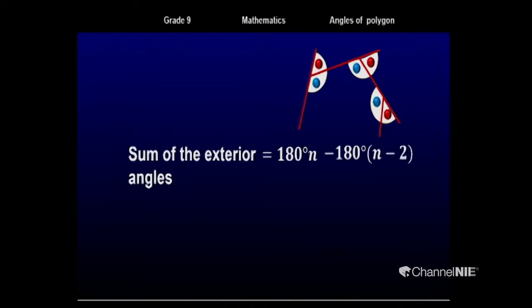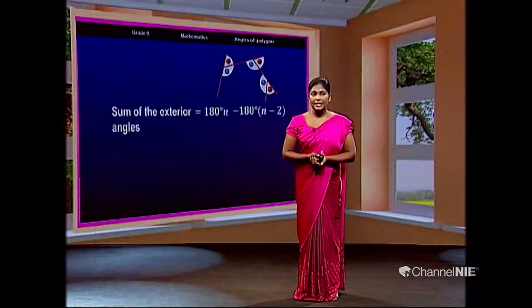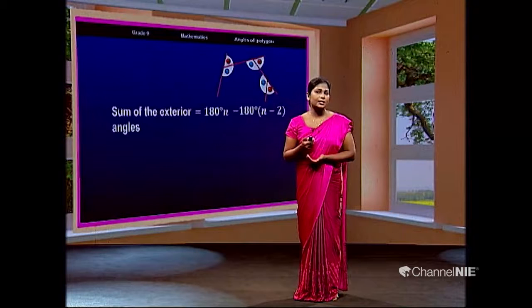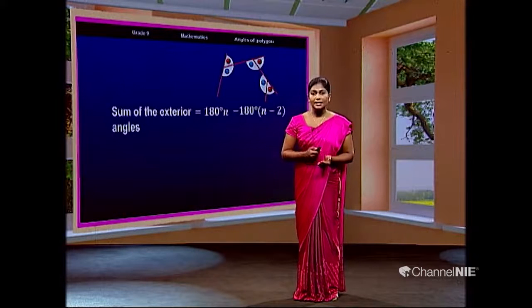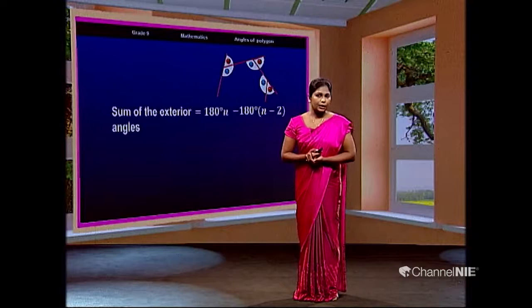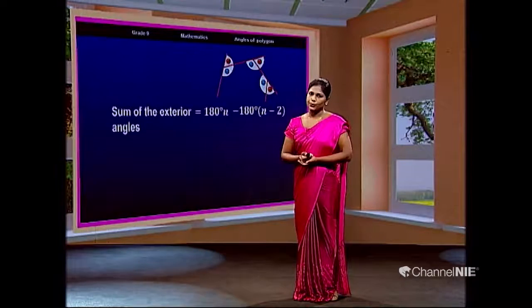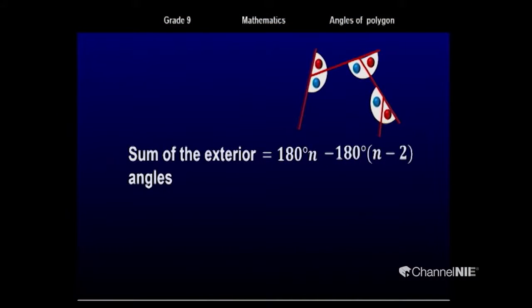Then we can simplify these expressions. The sum of the exterior angles equals 180 degrees times n minus 180 degrees times (n minus 2). Now we are going to simplify these expressions. How to simplify that? Look at that.